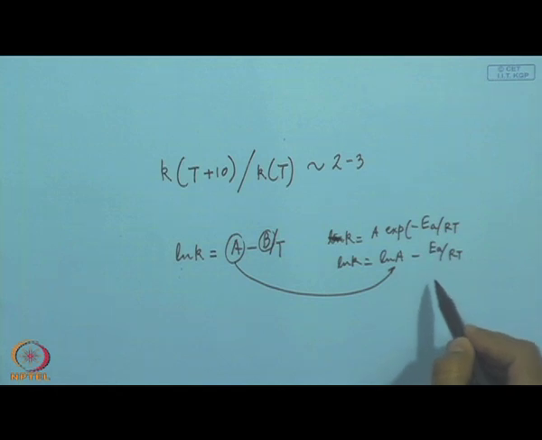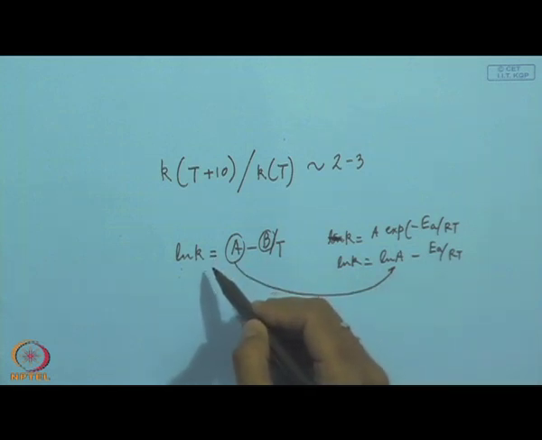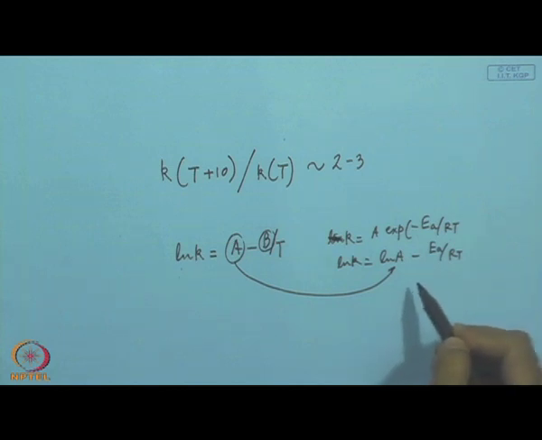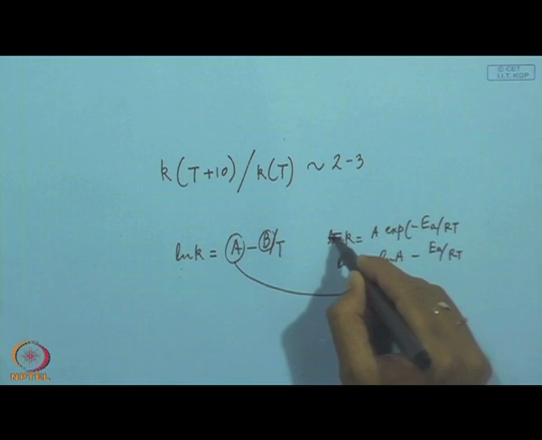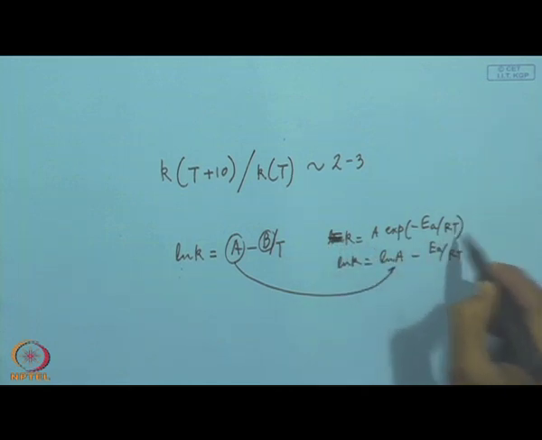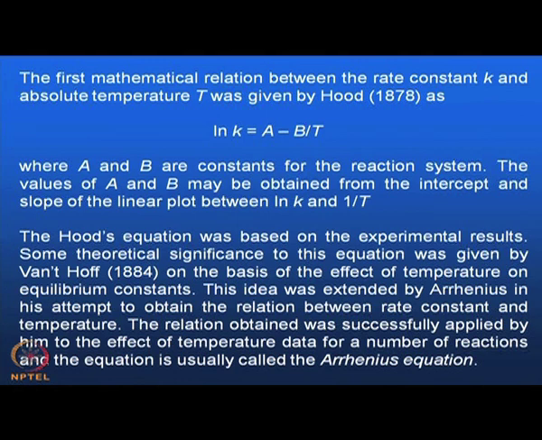Actually, Arrhenius, from the idea of Hood's equation, gave this new expression, k is equal to A into e to the power minus EA by RT, and that has been found to fit very well with chemical systems when temperature is modified.